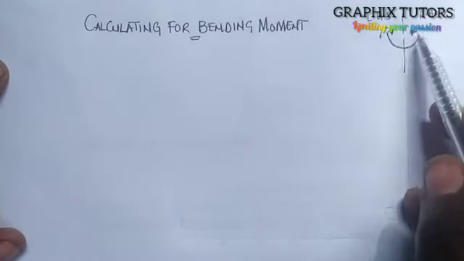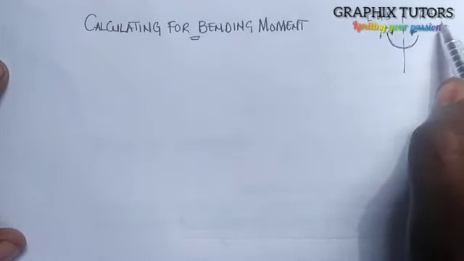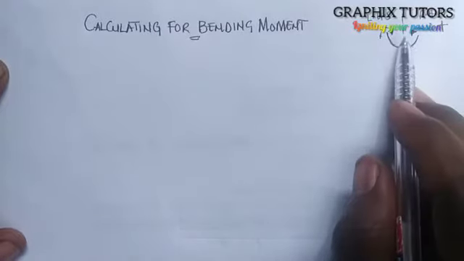So if I'm dealing with my right hand side now, once it is anti-clockwise, you see bending moment is what? Positive at my right hand side. So I'm dealing with this side now first.